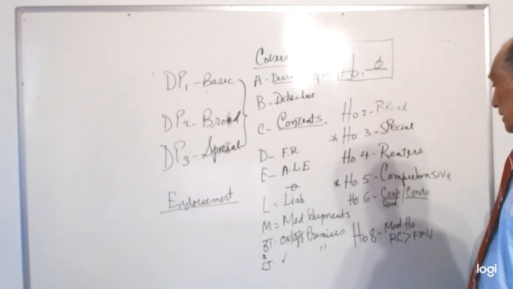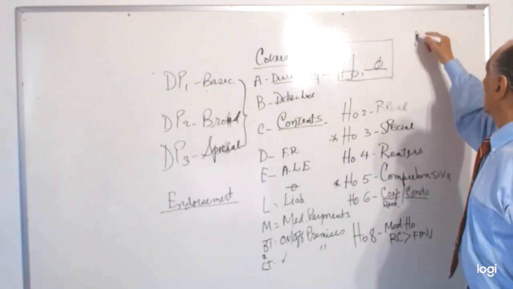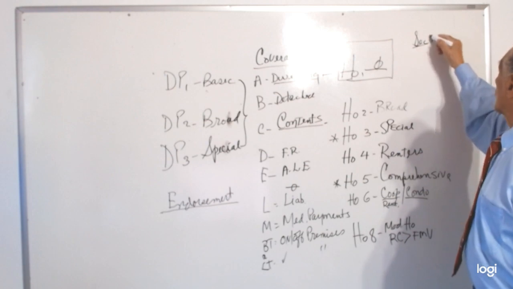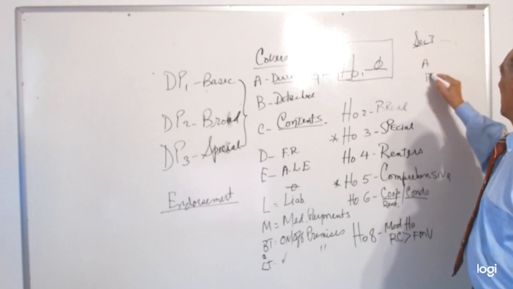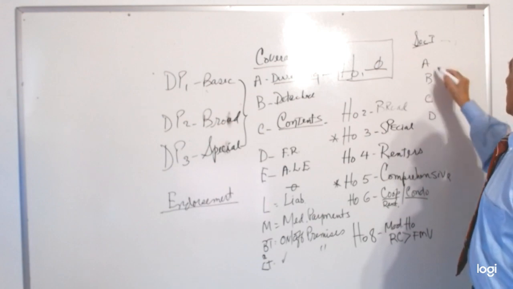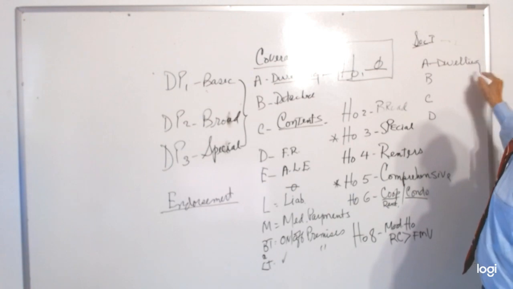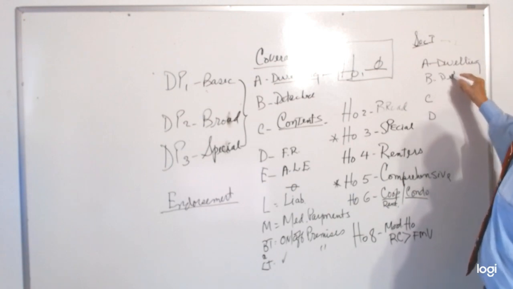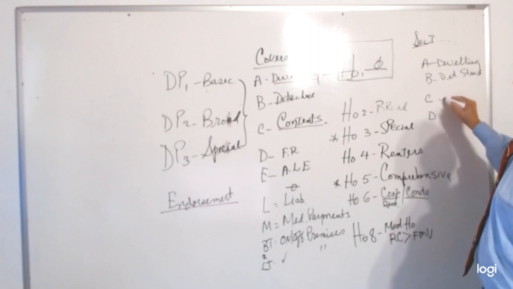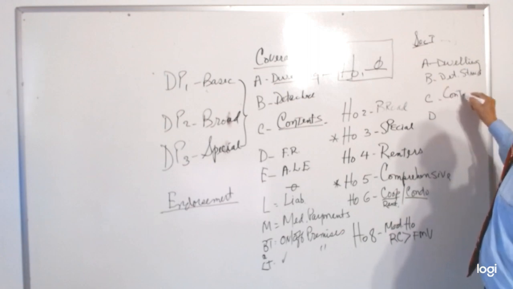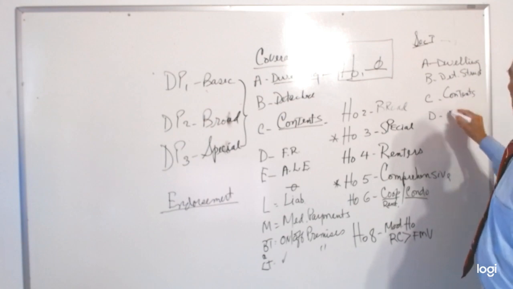And basically, now in homeowners, we have Section 1, which covers A, B, C, D, meaning dwelling, detached structures, contents, just like dwelling, and loss of use.